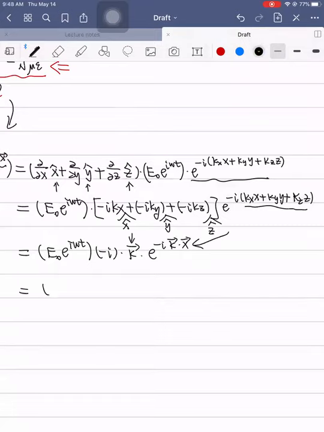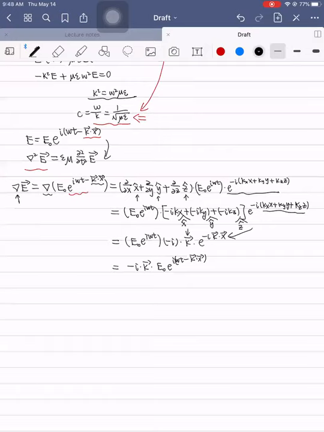So finally, we will get this as E. So as you can see, if we apply one Nabla operator on E, we just pull out the minus ik.